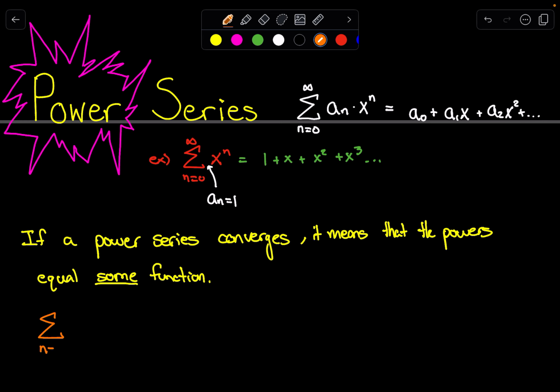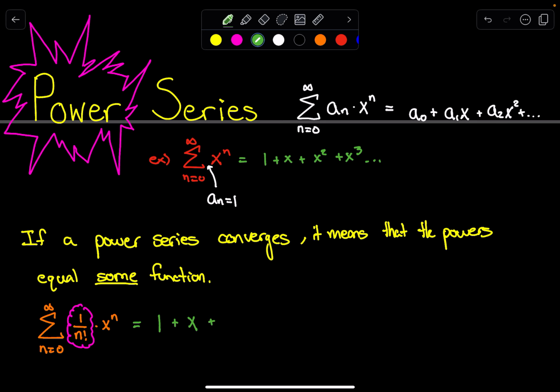Another example is this power series, which is 1 over n factorial times x to the n. Here's our little a sub n, all of our coefficients. If I write out some of these terms, if I plug in 0, the first term is 1. If I plug in 1, the next term is x.